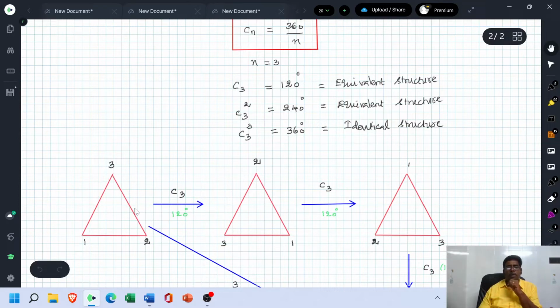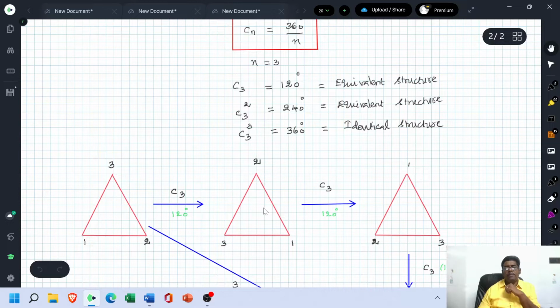Now, allow this triangle a 120 degree rotation about the vertical axis in the anticlockwise direction. Point 1 is shifted to this position, 2 is shifted to this position, the point 3 is shifted to this position. This is a newly arrived triangle. See this triangle.